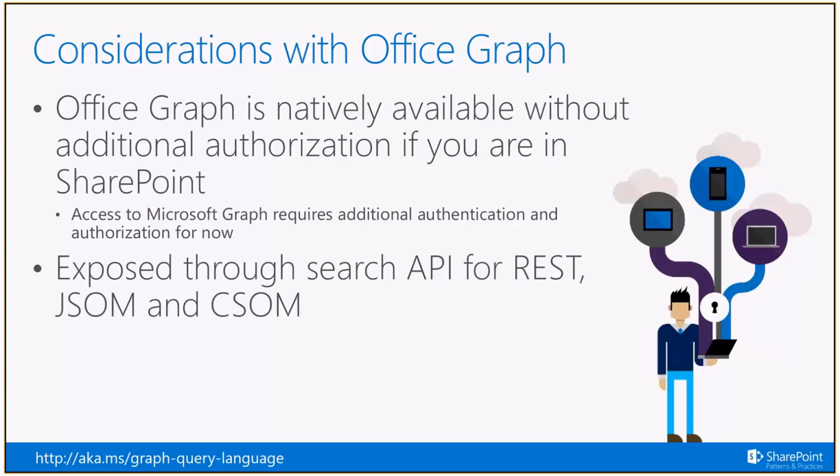And that really comes down to the last bullet point as well. So the Office Graph is exposed through the Search API. And the search in SharePoint and Office 365 is fully aware of permissions. So when you use a search, you're not getting any results which you wouldn't have permission to go into. The search results are always filtered based on the permissions.